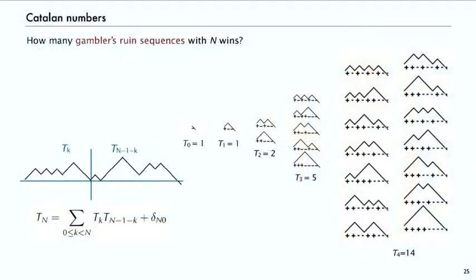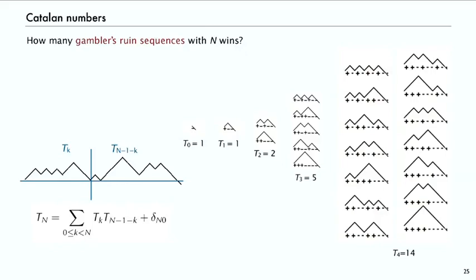Here's another application, the so-called gambler's ruin problem. You're a gambler and you start with $0 and you make $1 bets. If you win, the line goes up. It's just a graph of the amount of money that you have. In this case, there's 2 wins followed by a loss, a win, a loss, 2 wins, and then a bunch of losses.